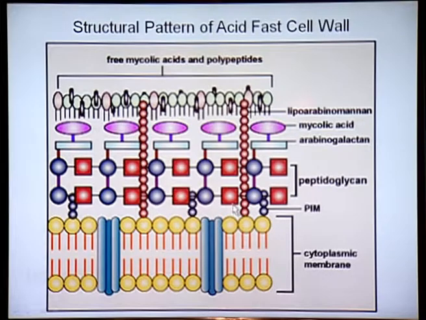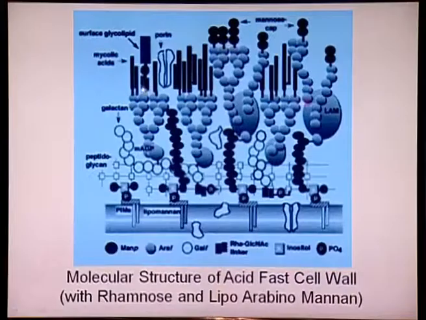It is more clear in this slide where we can see the cell wall structure. You can see it is really thick, and this is thicker than a normal peptidoglycan bacterial cell wall. There are a large number of molecules projecting like flower plants in a garden, and these include the mycolic acid, the glycolipids, also the mannose cap, the phosphates and the polypeptides.